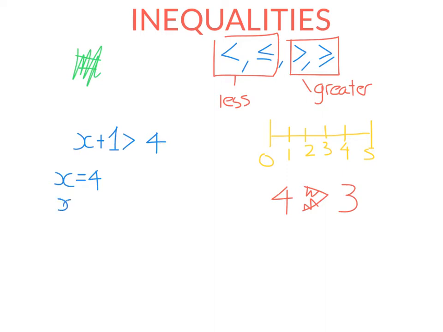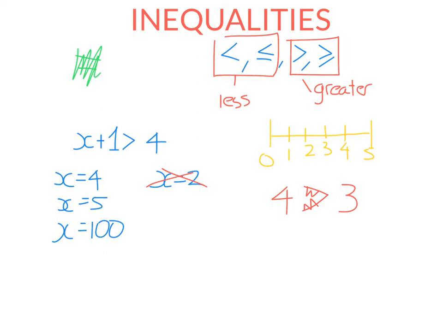You could substitute x equals 5, because 5 plus 1 is greater than 4. You could substitute x equals 100, because 100 plus 1 is certainly greater than 4. You couldn't substitute something like x equals 2, because 2 plus 1 is not greater than 4. But there are still infinitely many solutions.